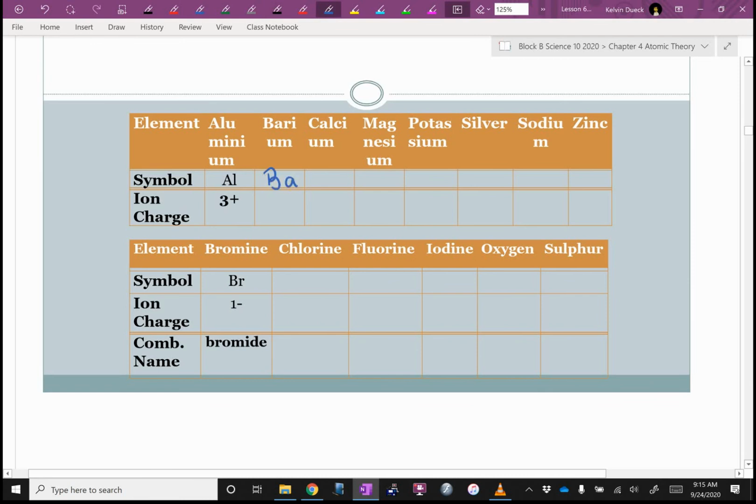What's its ion charge? Calcium? I'm going to pause and walk around if you need help. I'm going to freeze the screen. See if you can fill in the element name, the ion charge, and then come up with the "ide" ending for each one of these as well. Take about 2 minutes to do that.